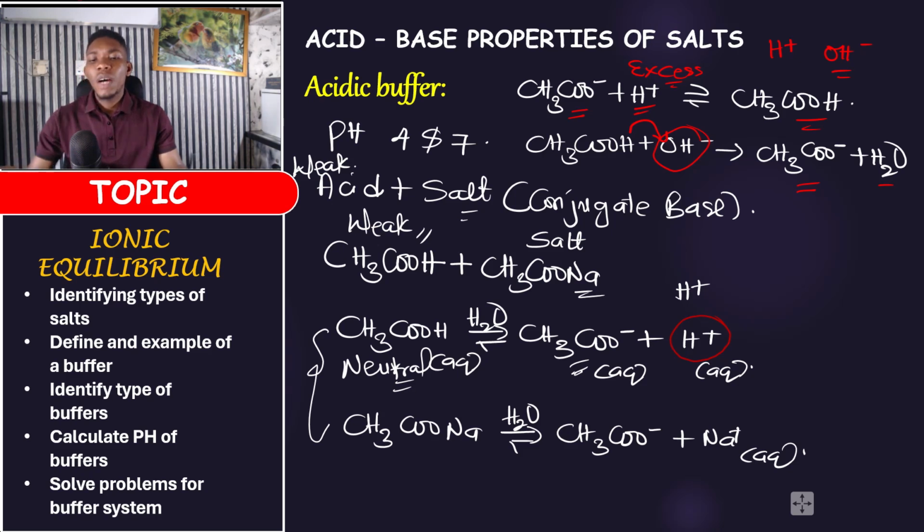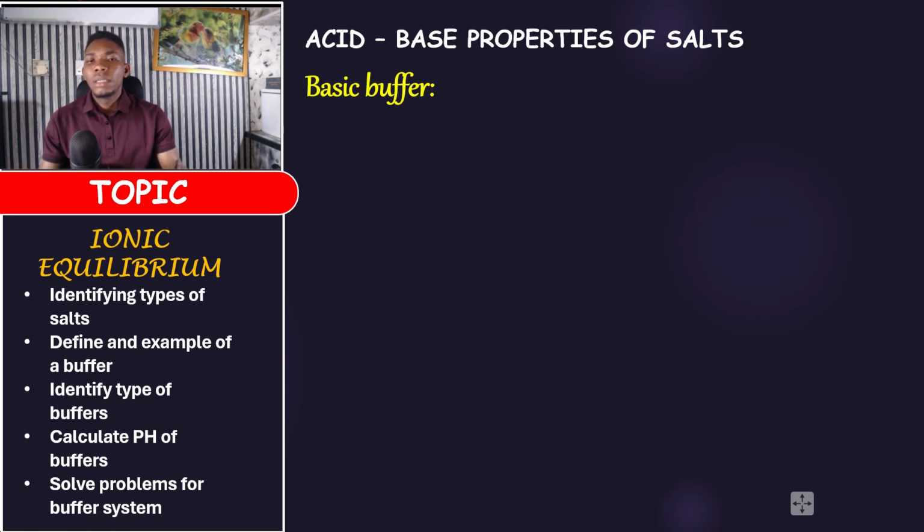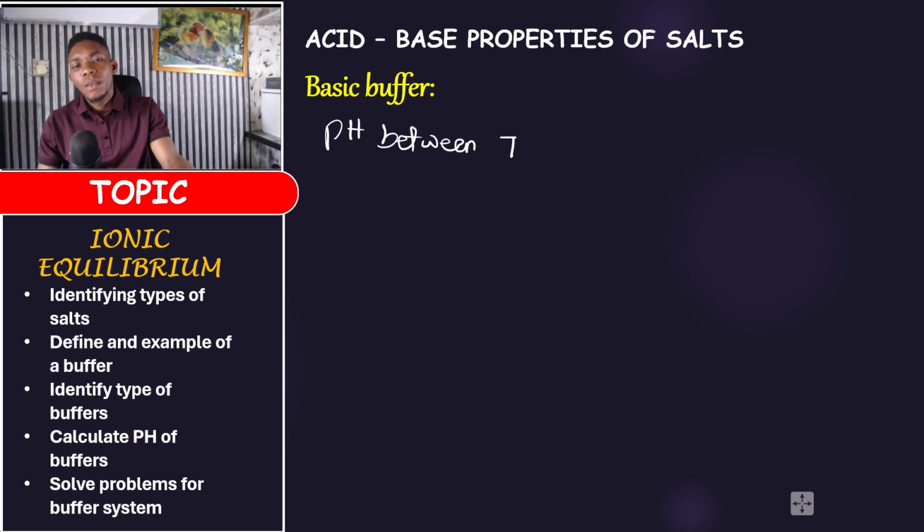Basic buffers are buffer solutions that have pH between 7 and 10. Now, acidic buffers are prepared from a weak acid and their conjugate base.